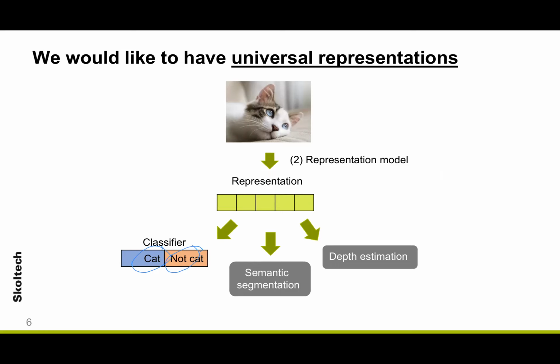And we continue with other problems that are also quite important to some particular applications. For example, semantic segmentation: we want to select the part of an image related to a cat, or we want to estimate depth, how far away from the camera a particular pixel of an image is. And in both cases, it's kind of important to look at something different.